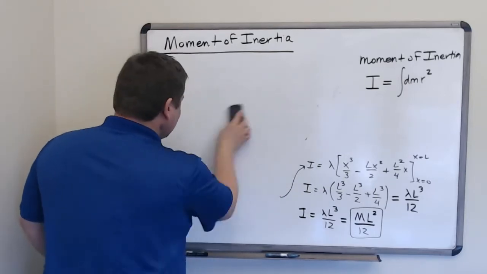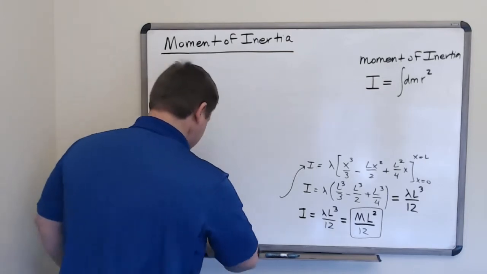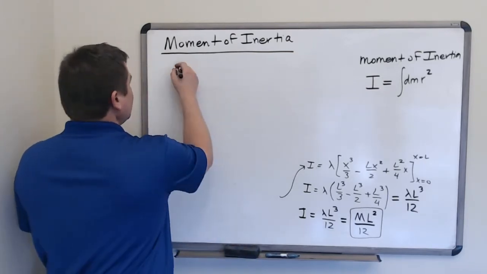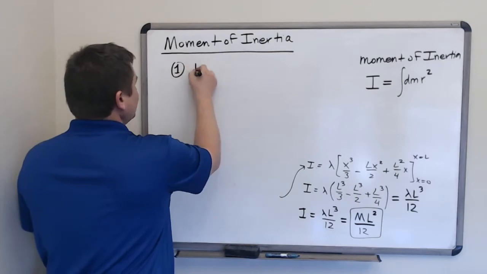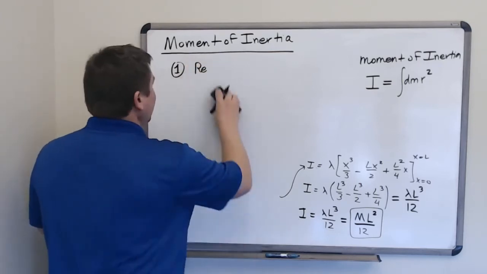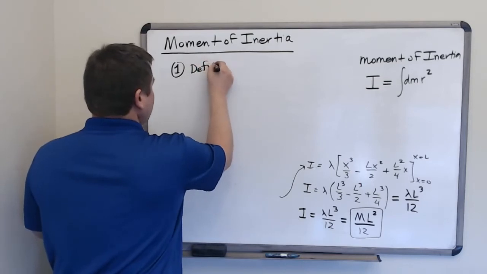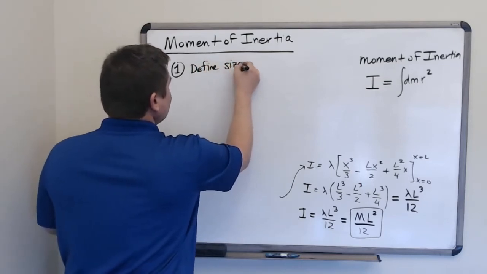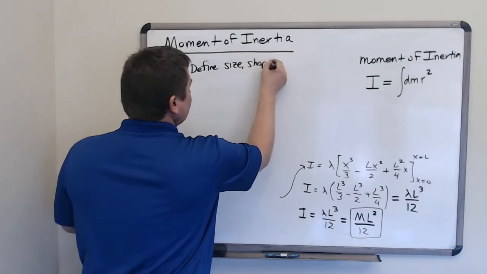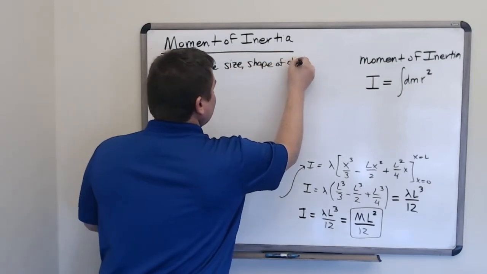Let's summarize what we did. So the first step was to define the size and shape of the object.